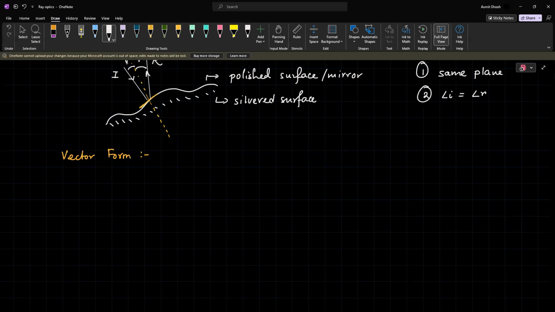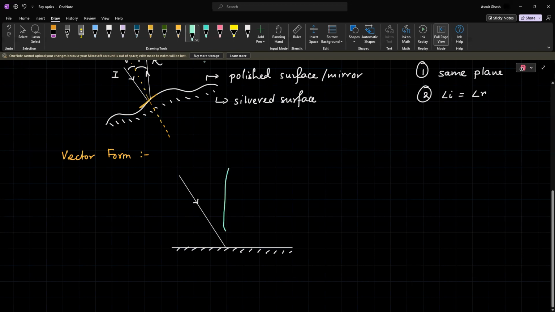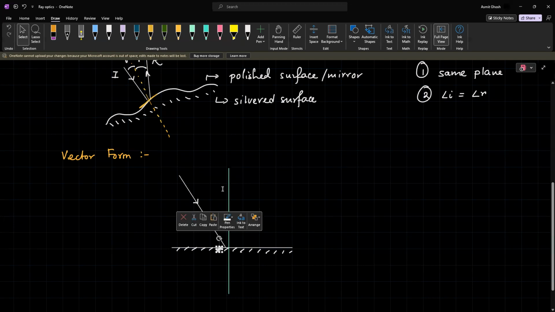So consider a mirror like this, and we have an incident ray like this. And let's say this is the normal.